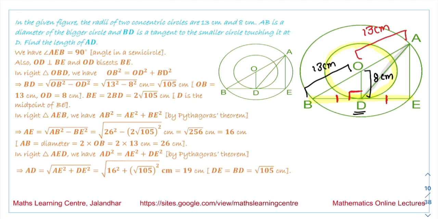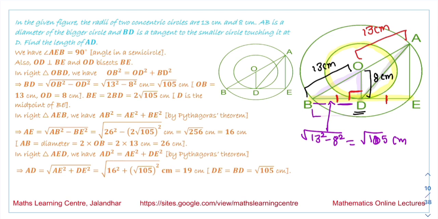Now in the triangle OBD, we have this length BD equal to the square root of 13 square minus 8 square, that is equal to the square root of 105 centimeters.